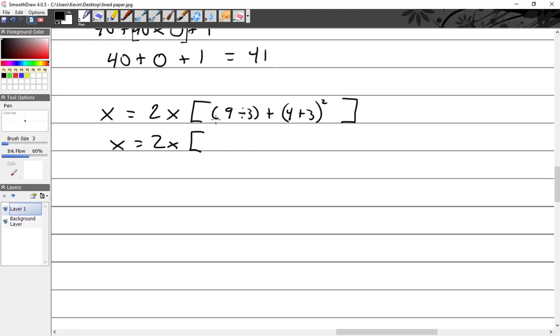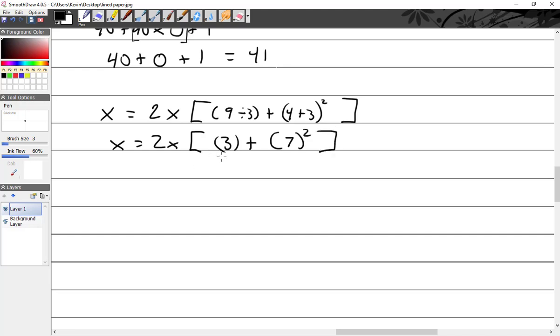Now, we can cheat a little bit. We can solve this 9 divided by 3, because it's not going to hurt anything, so that's 3. Plus, actually it's parentheses first anyway, so 7 squared, and this is out here.